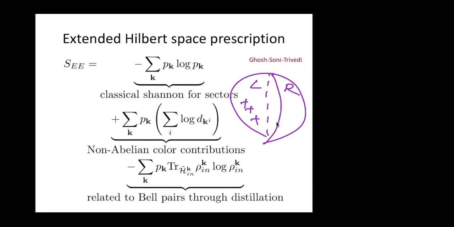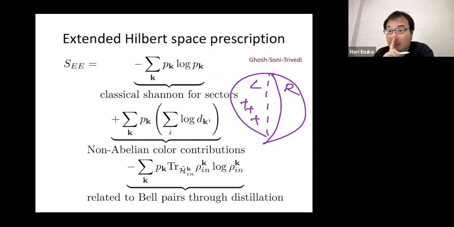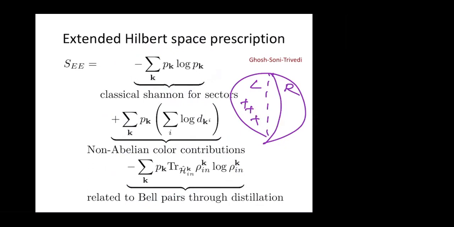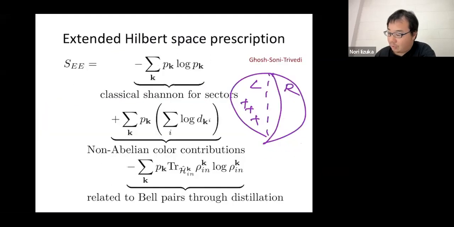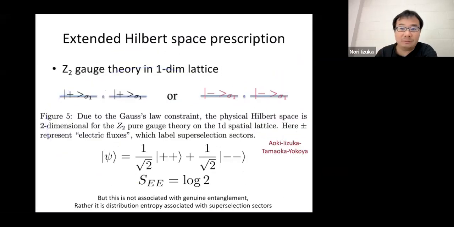Nori, one question. I see how the first two contributions are different, but what makes these contributions non-physical? Oh, okay. So I think Sandeep knows better than me, but let me explain.